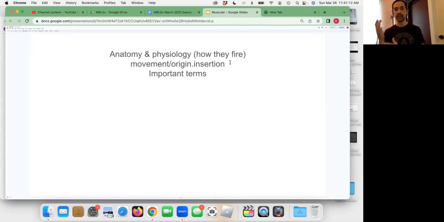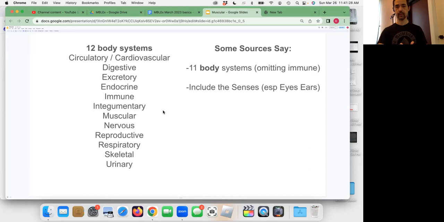What's the difference between a concentric and eccentric, right? What is shortening and lengthening? How do they act as levers? How do they pump the blood, right? How do they affect other structures in the body? Just a reminder, there are 12 body systems. You guys can look at that if you want to.